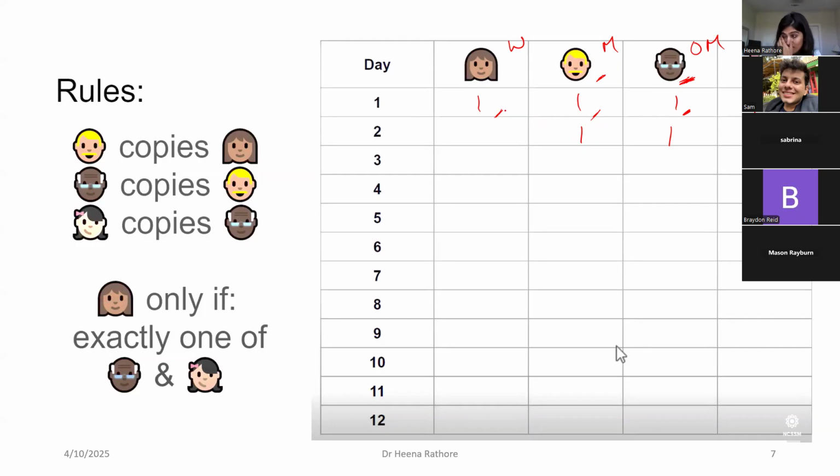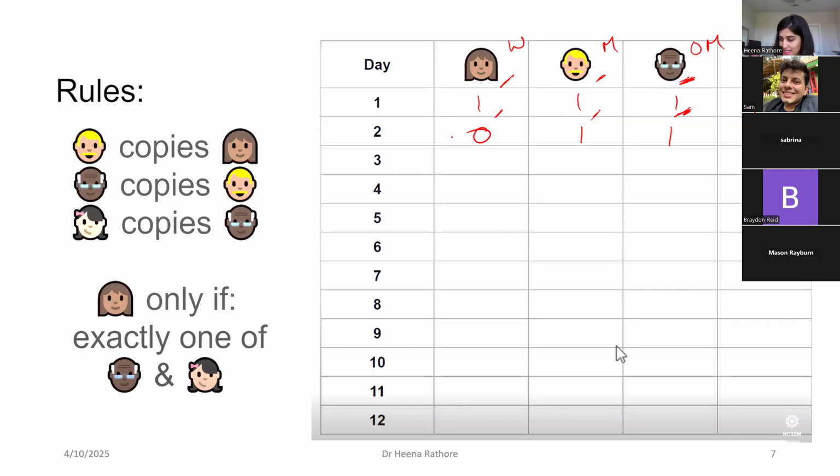And the woman will have an umbrella only if exactly one of them has an umbrella, exactly 1. In this case, this has 1 and this also has 1, which means we have 2, so the woman will not have the umbrella. This procedure will be repeated for some number of values.